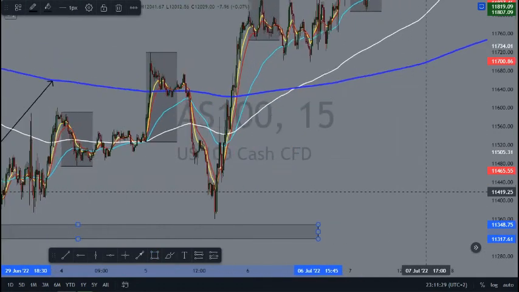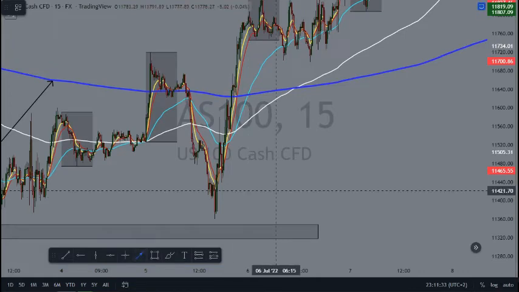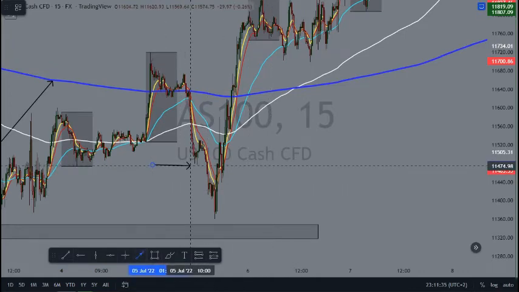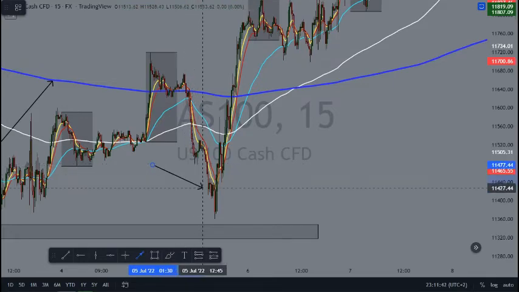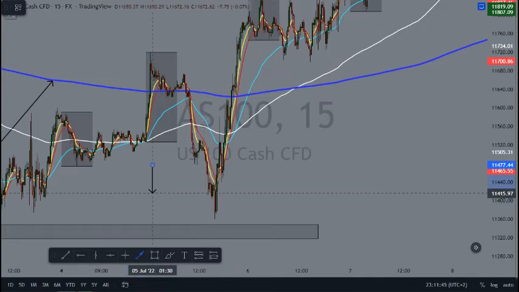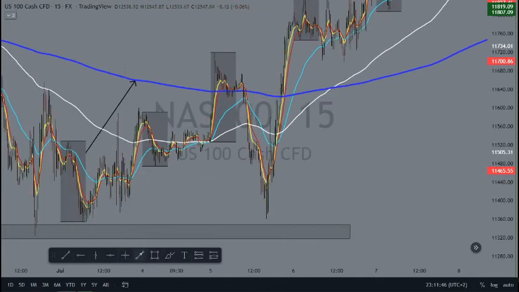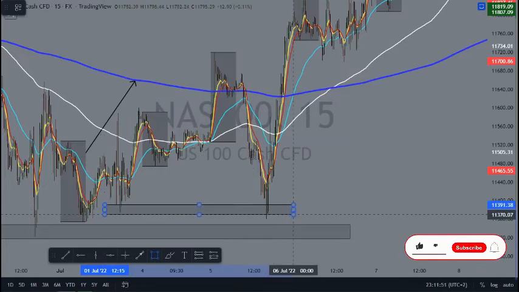Market gave us a very nice stop hunt low, which was first push out of the Asian session, second push out of the Asian session, third push out of the Asian session. You can see these lows were also walked.